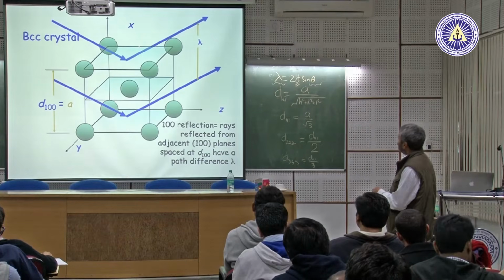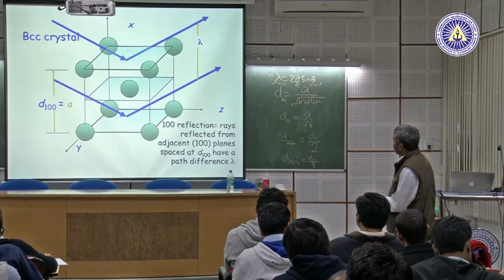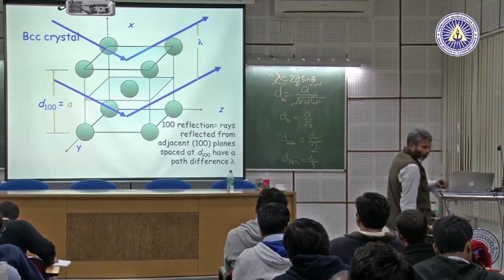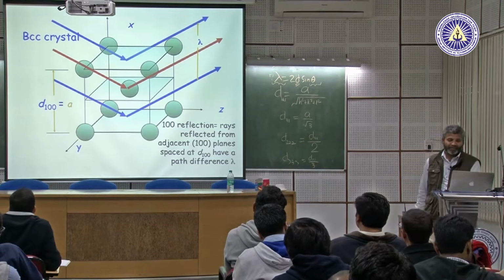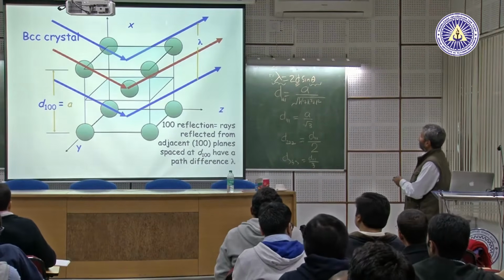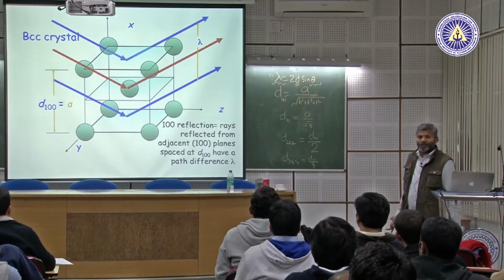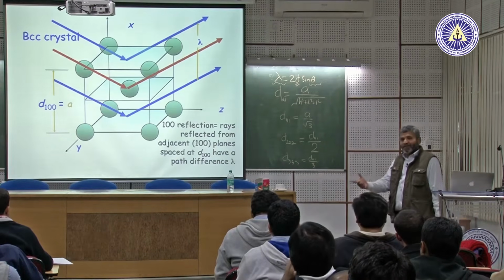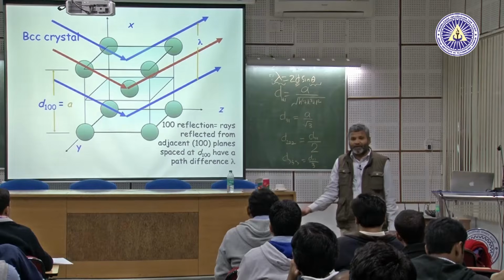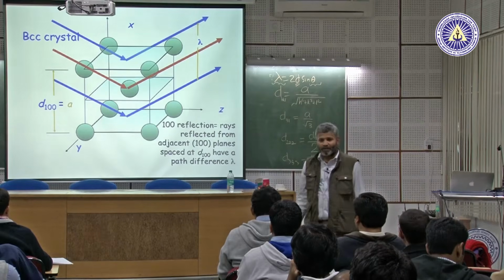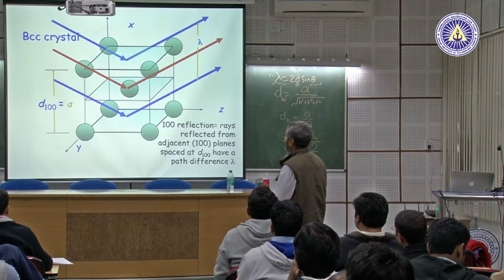And if I am demanding that the path difference between the top and bottom ray is lambda, what will be the path difference between this middle ray and one of these blue lines? Lambda by 2, simple geometry. And lambda by 2 is a constructive interference or destructive interference? Destructive. So, 100 will be killed.